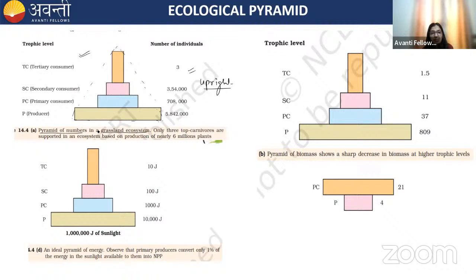So the pyramid of number in the grassland ecosystem is an upright pyramid. Here, the producers occupy the maximum number, and as we move from the lower trophic level to the higher trophic level, the number decreases.